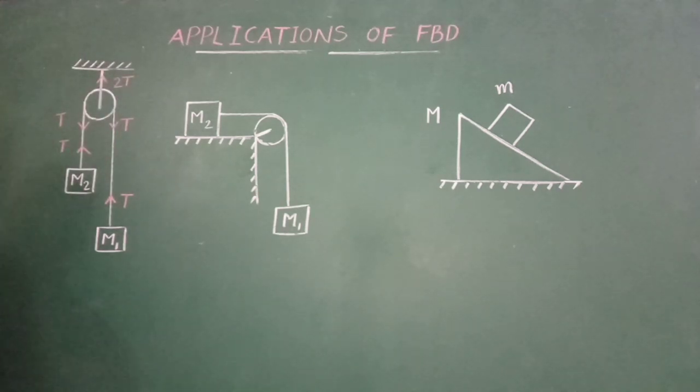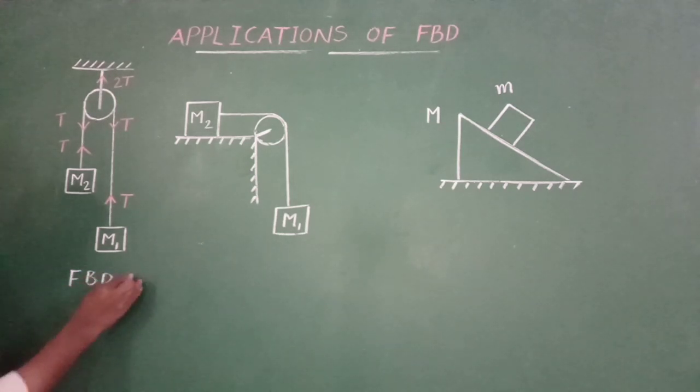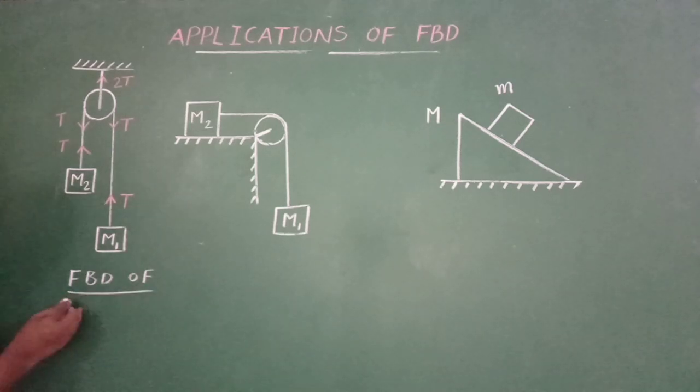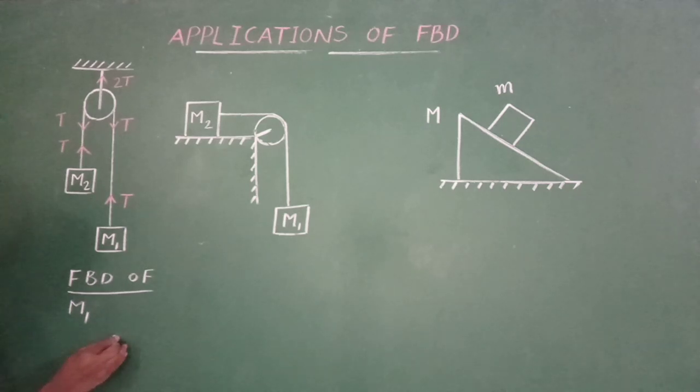Draw the free body diagram for M2. M2's weight is acting in the downward direction. M1's weight is also acting in the downward direction. So first, the free body diagram for M1. We are drawing the FBD of M1.